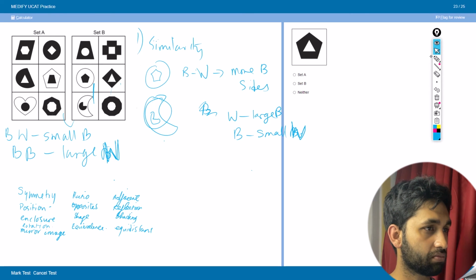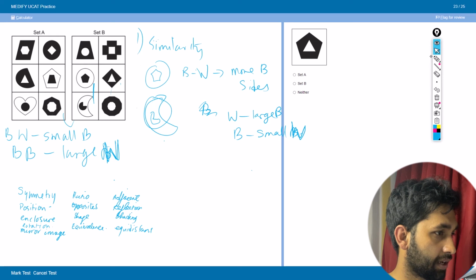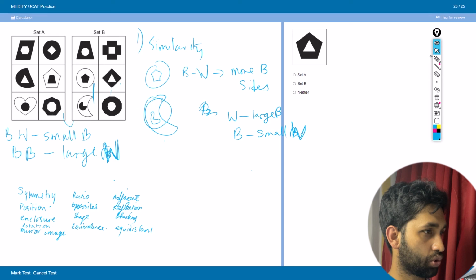Oh gosh, don't shoot me. 5, big black, big black has smaller sides, yes, so that's set B.